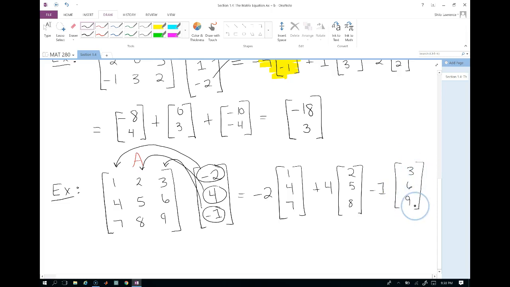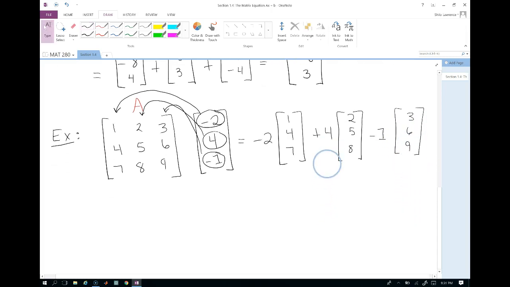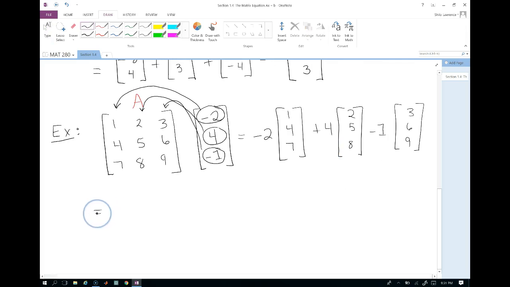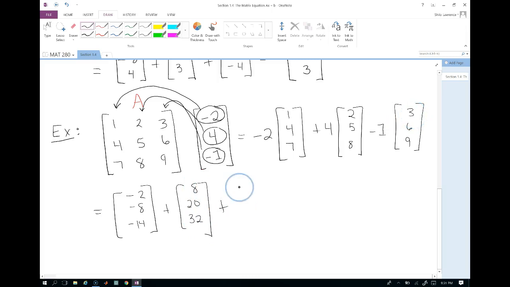And now we've just got scalar multiplication and addition in order to finish this out. So this turns into -2, -8, -14, plus 8, 20, and 32, plus, because I'm going to go ahead and distribute -1, -3, -6, -9.